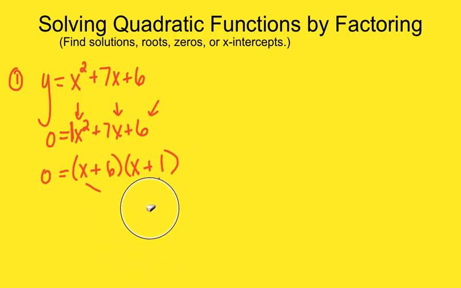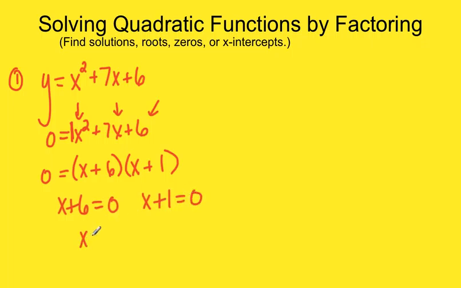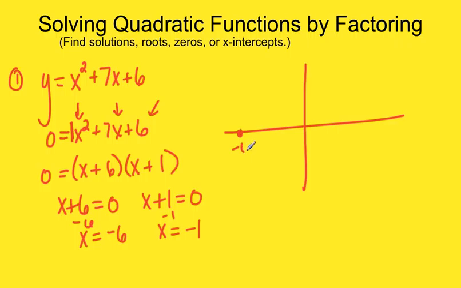to those two. Now when you get there, what you're going to do is take each binomial and set it equal to 0 and solve for x. So here you'd get x equals negative 6, and here you get x equals negative 1 because you would subtract 6 from this one and subtract 1 from this one. So your x-intercepts would be negative 6 and negative 1.